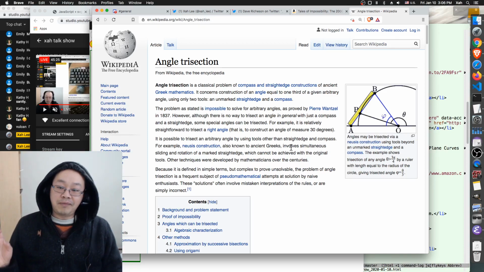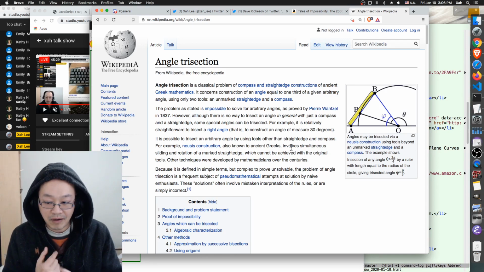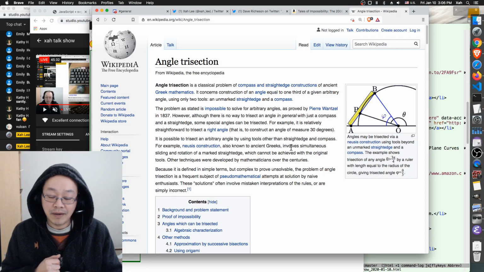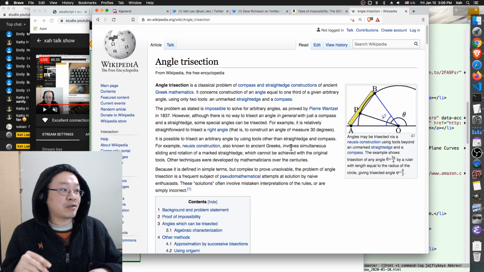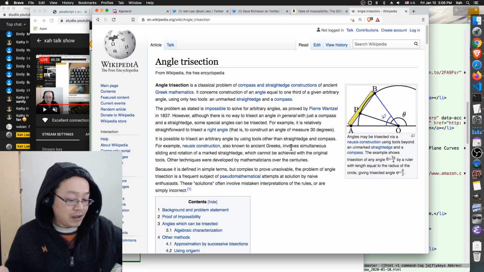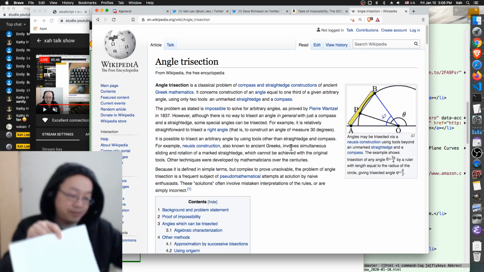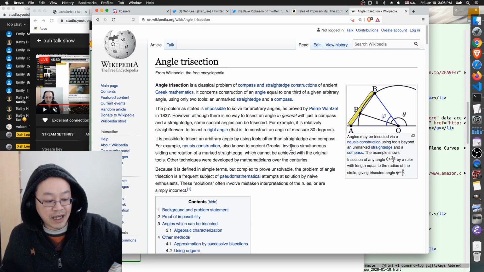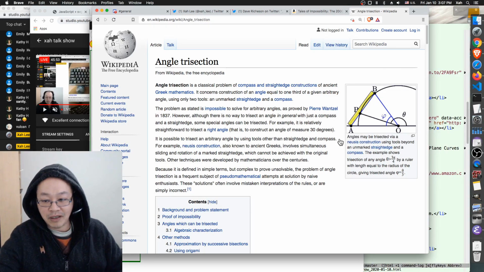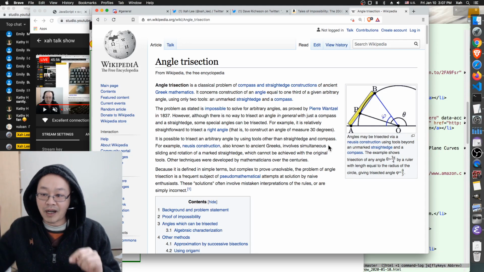Now you might think, that's so easy. What's the problem? You just use a protractor. Well, a protractor is not allowed. What is allowed is that you have to use a straight edge, like a ruler but without markings on it. So you can connect any 2 points you want by a line.